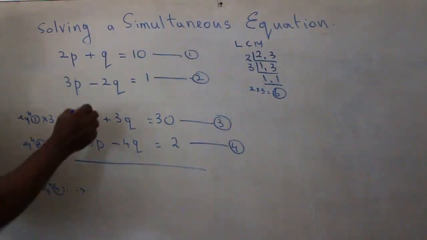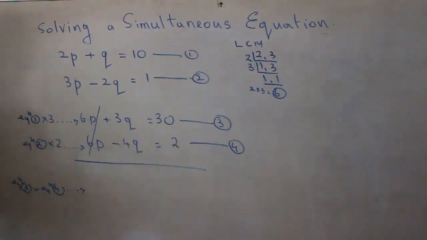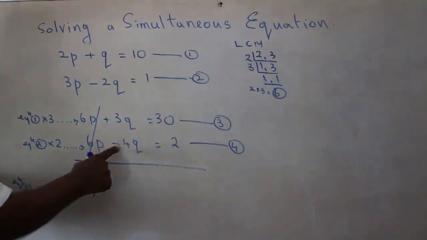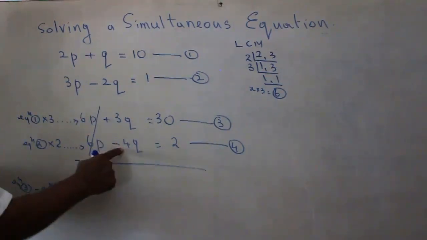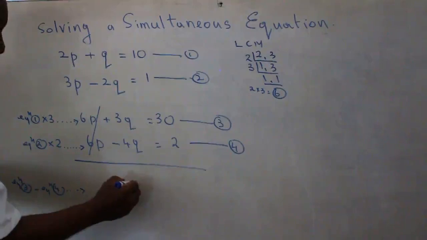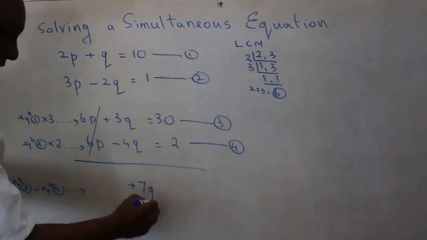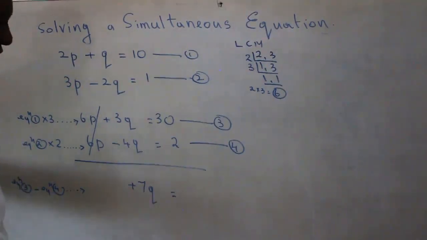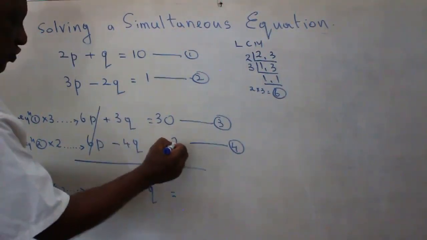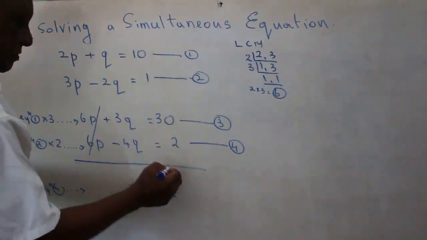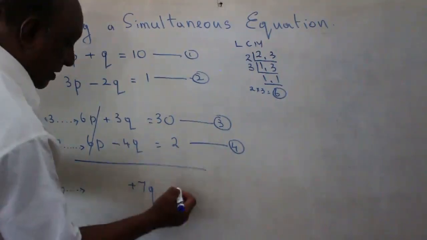We draw a line and indicate that these two terms combining will become 0. This minus will become plus because it's a subtraction. So plus 3q plus 6q will be plus 9q is equal to, the bottom will change sign, so 30 minus 2 will become 28.